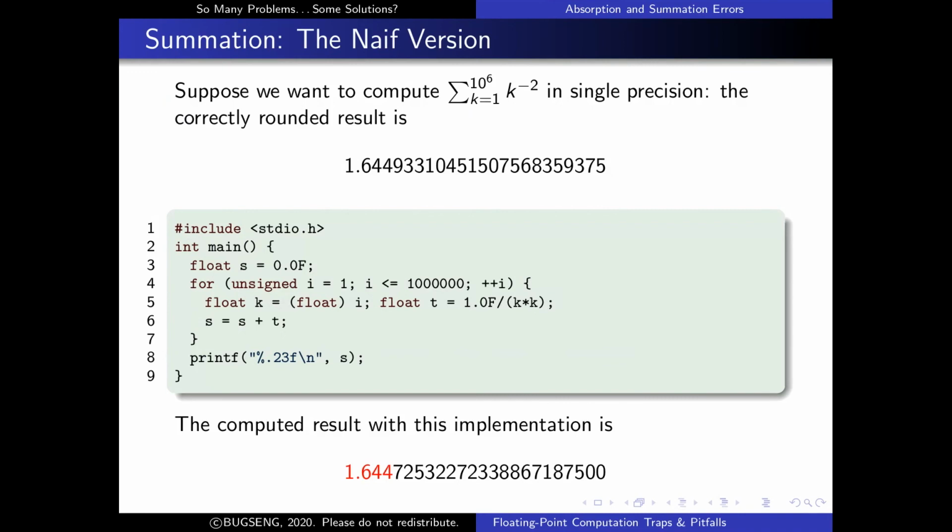The small numbers will be absorbed into the running sum that will be large when we encounter them. So this is the correctly rounded result in single precision. The naive algorithm only gives me 4 decimal digits of precision. So the first 4 digits are fine, the others are not.